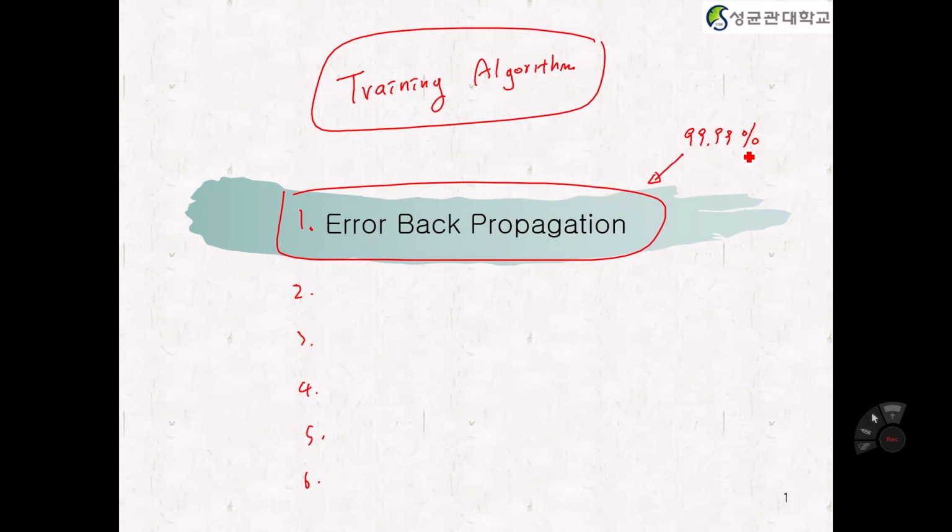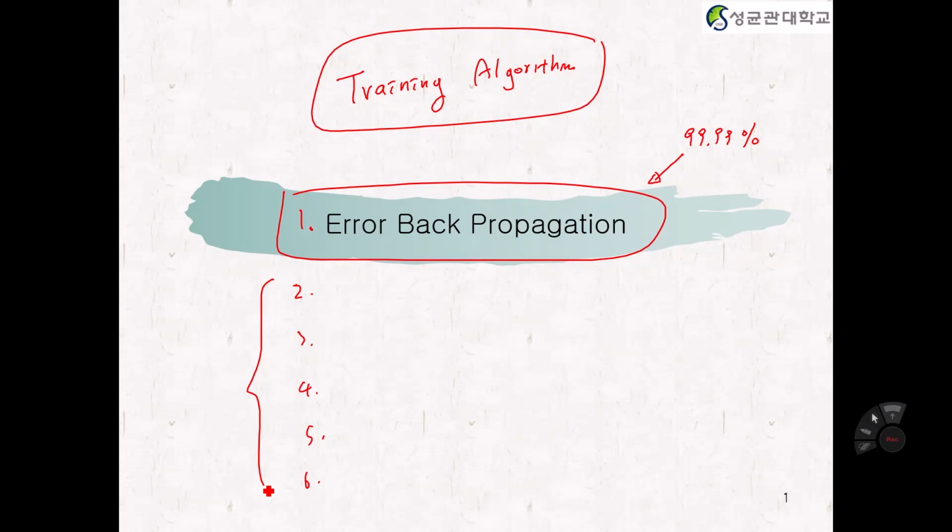So anyway, maybe error back propagation is the unique training algorithm. From a theoretical viewpoint, you may use many different training algorithms. Yes, that's possible. Also, many researchers have already tried to develop other training algorithms.